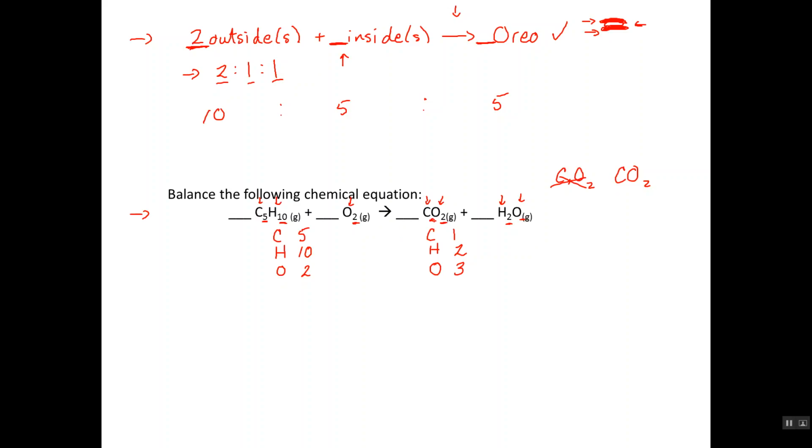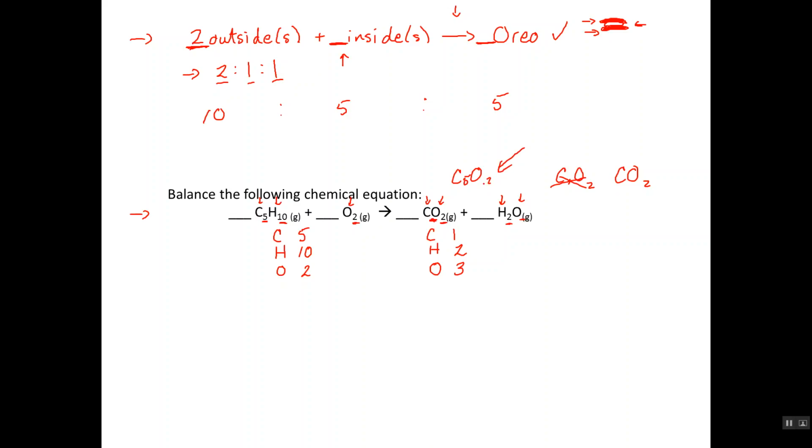You might wonder why we can't just go ahead and change these little subscripts. You know, why couldn't I just write C5O2, right? That would take care of the discrepancy with the number of carbons from left to right. The reason we can't do that is because that would actually change the chemical.